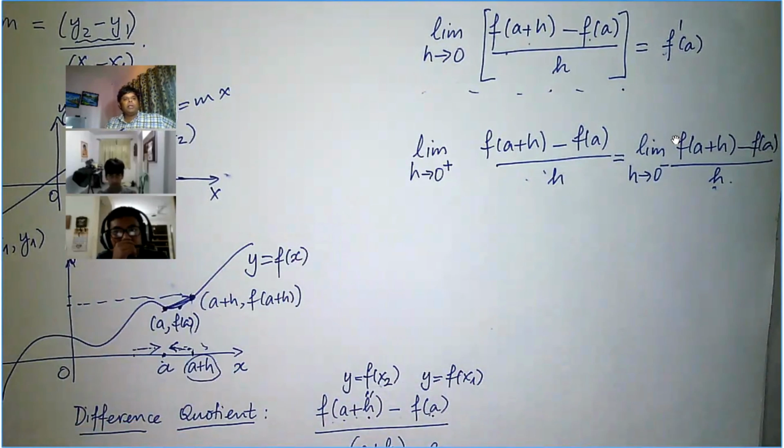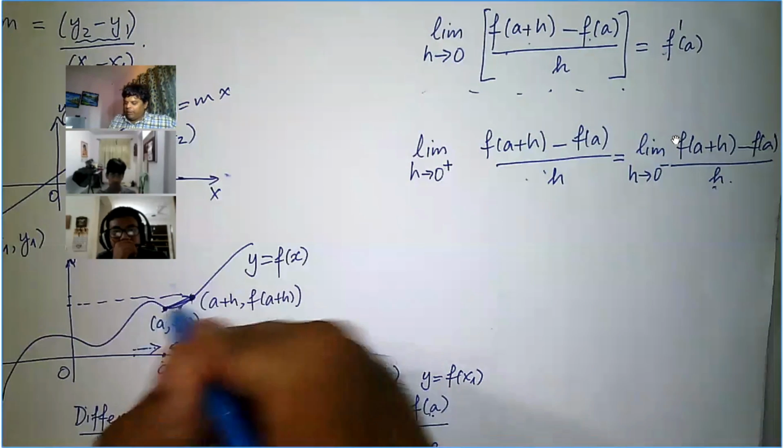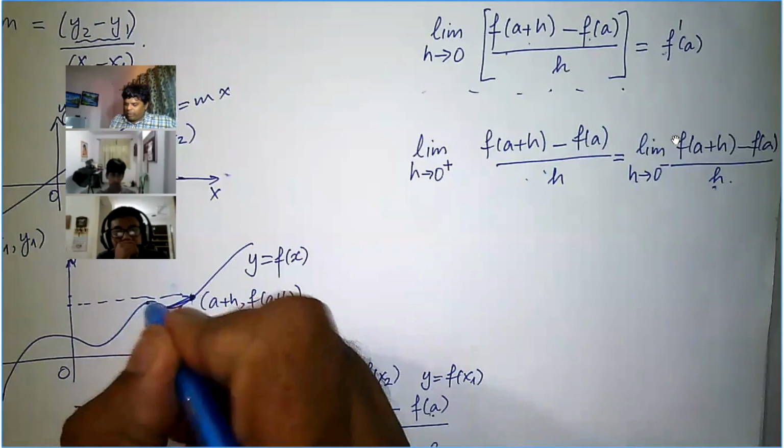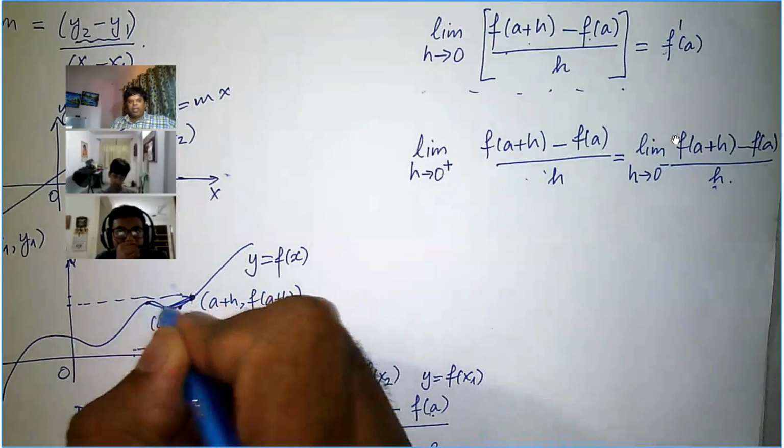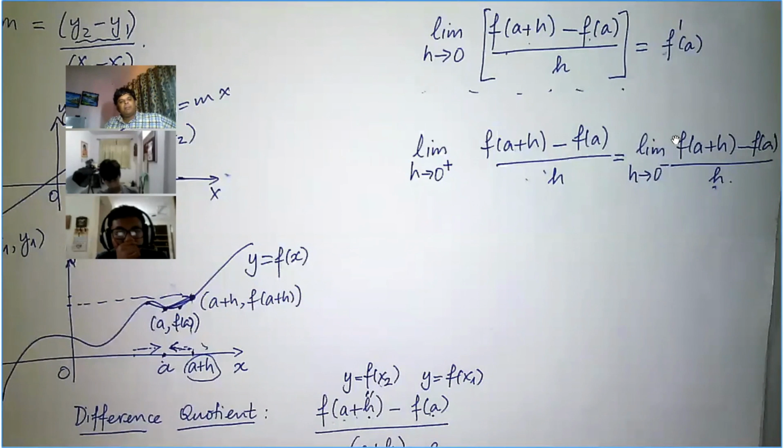If it goes to a stable value, then that is the derivative of the function at the point a. I can come to the point a either from the left or from the right. Doesn't matter. It has to go to the same value.